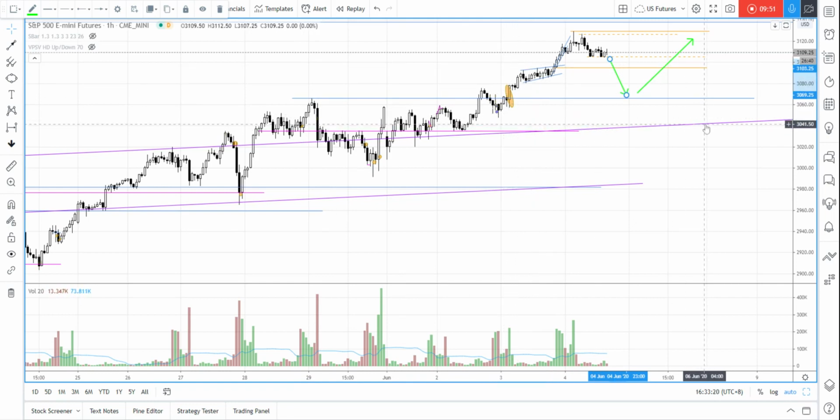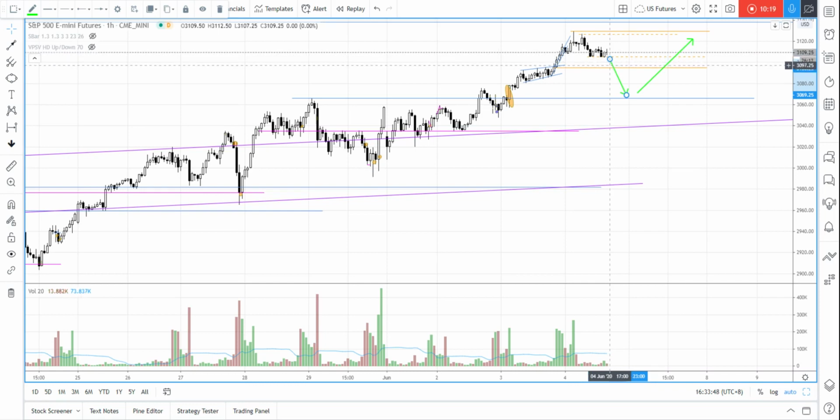So in terms of the bias for day trading, I am kind of neutral, because it's in the middle of nowhere. I think we should see a correction coming, but I think it's already started in the Asian session. We have seen a reaction down followed by a horizontal consolidation, and maybe we can see another reaction down going into the US session.